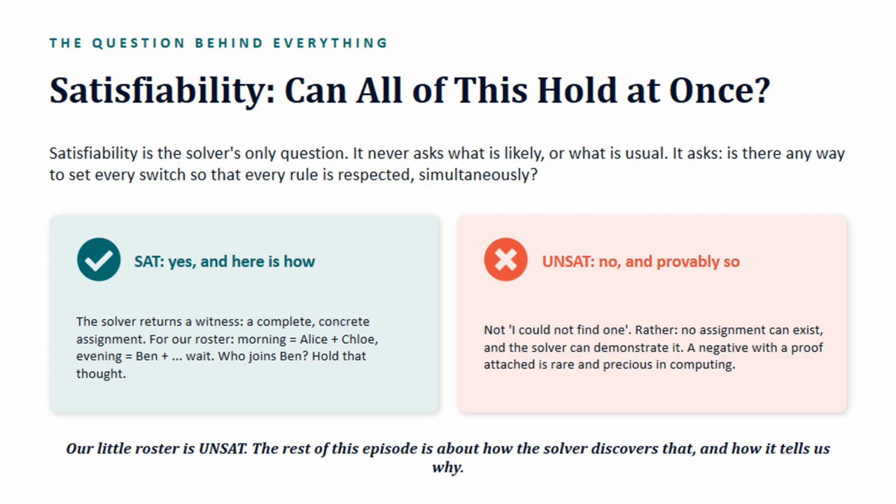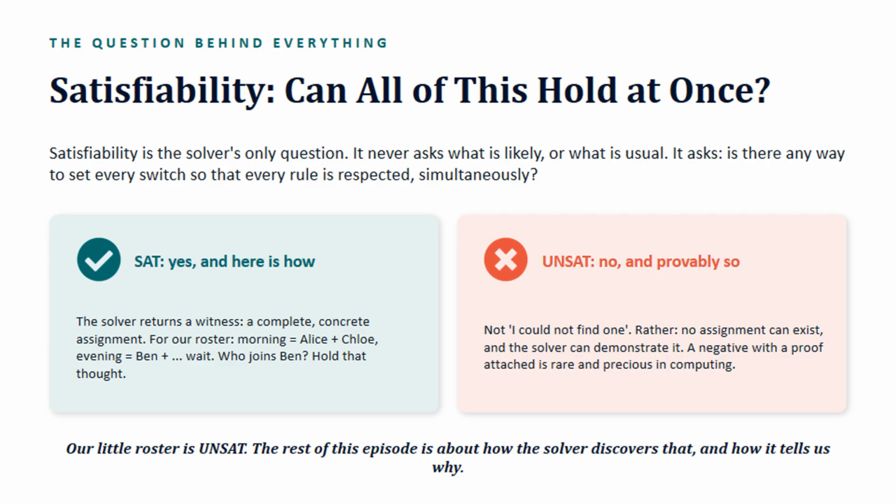Let us try to build one ourselves. Chloe can only work mornings, so put her in the morning. The morning needs 2, so add Alice, say. Fine so far. Now the evening also needs 2, and only Ben is left. 1 person, 2 chairs. Try swapping, put Ben in the morning instead.